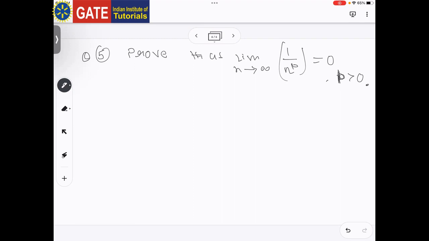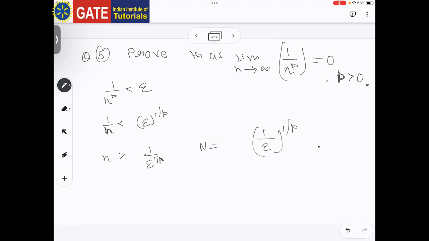Sir, N is to be the greatest integer of (1/epsilon)^p. Yeah. So (1/n)^p is lesser than epsilon. Then 1/n is lesser than epsilon^(1/p), p is greater than 0. So from here your n is greater than 1/epsilon^(1/p). So your capital N has to be 1/epsilon^(1/p).